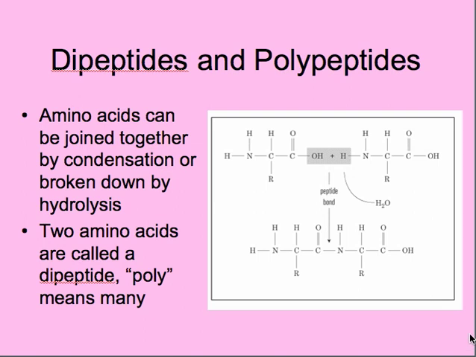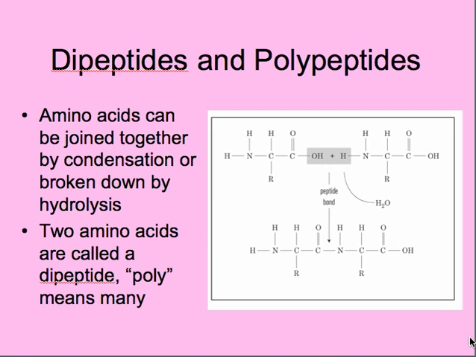And in the opposite process called hydrolysis, different enzymes can break apart the amino acids by inserting the H and OH back on, so by inserting a water molecule and breaking the amino acids back apart from each other. So condensation and hydrolysis are the methods by which proteins are built and broken down.